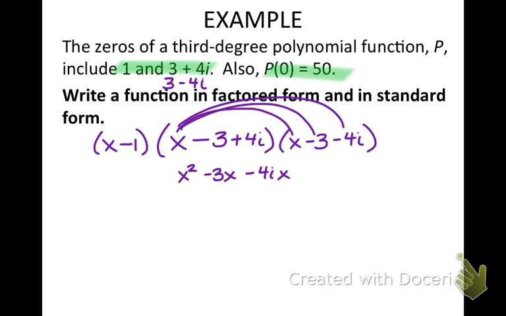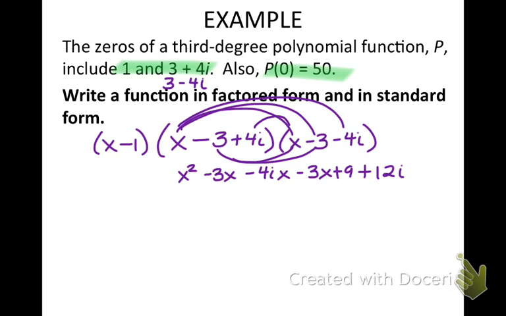Now let's take the negative 3 to everything. Negative 3 times x is negative 3x, plus 9, plus 12i. Good. One more set of distribution.